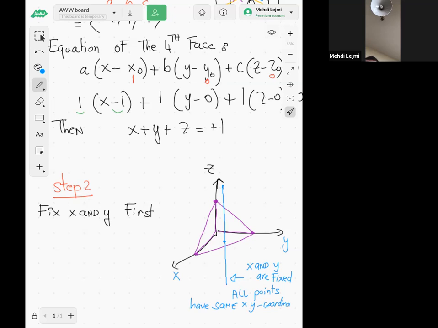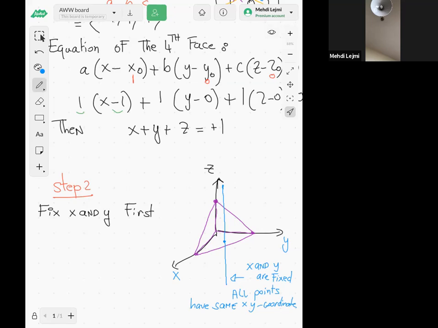So if you fix X and Y, you have to take just the line perpendicular to the XY plane. If you want to fix, let's say, X and Z, then you take the line perpendicular to the XZ plane, right?